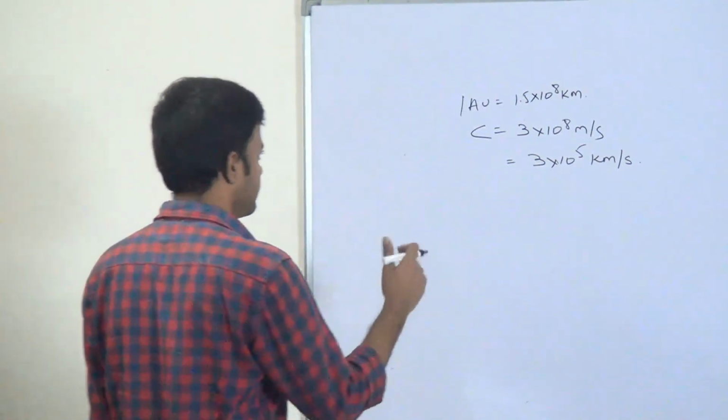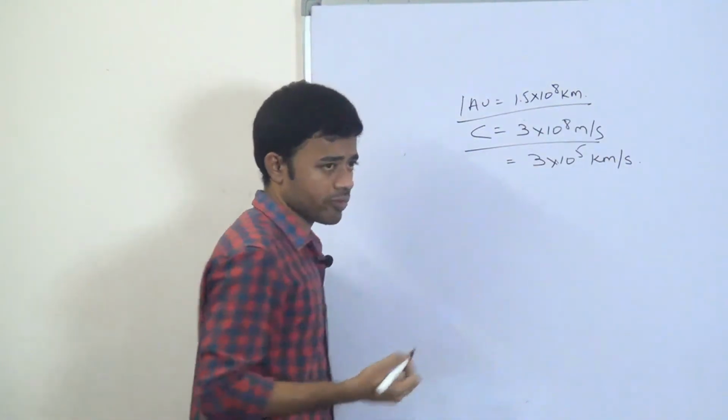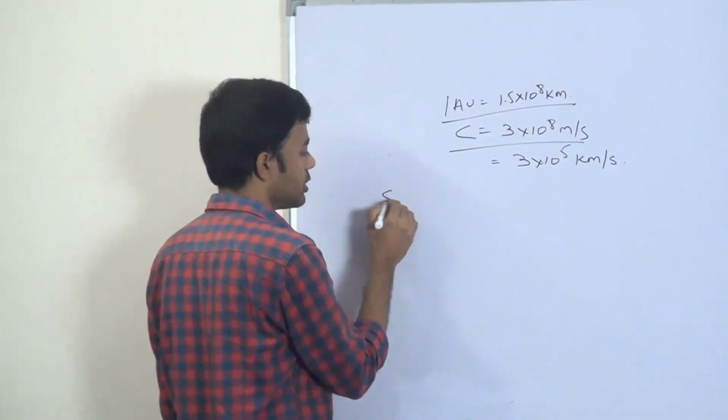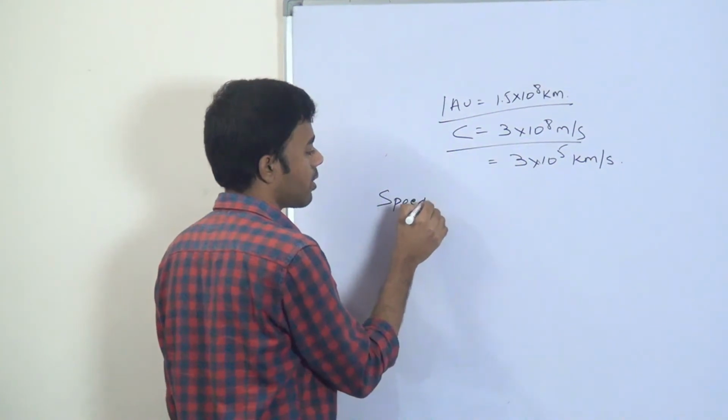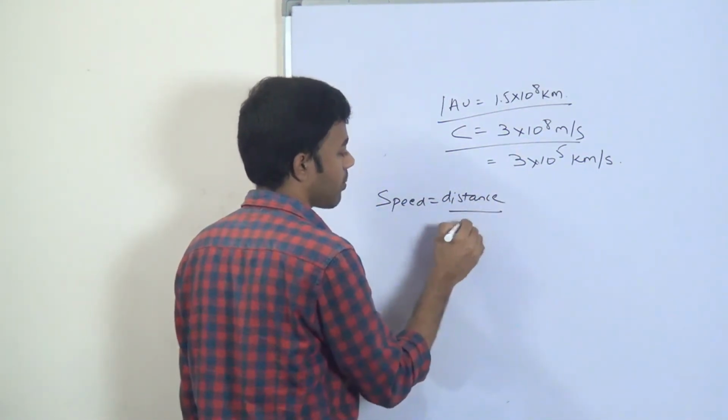Here you have the distance and the speed, and now you have to find the time. You know that speed equals distance by time. Here we want to find the time, so time is equal to distance by speed.